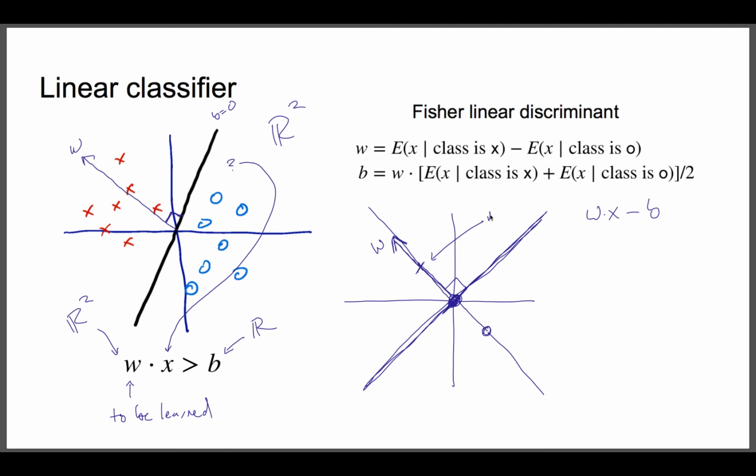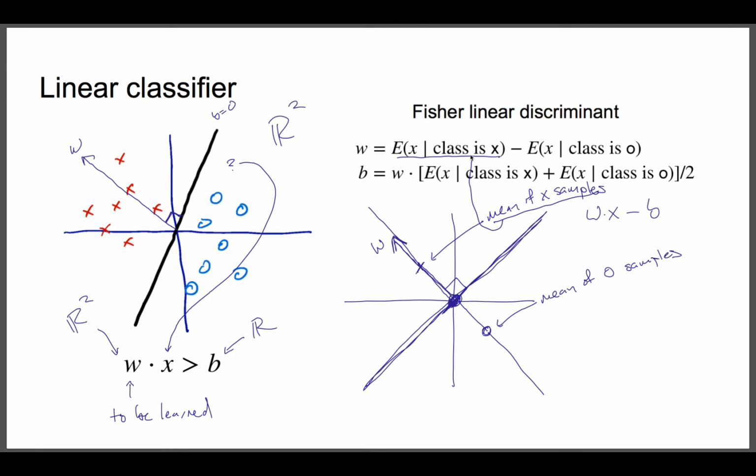So this is the mean of the cross samples, and this one here is the mean of the circle samples, right? And so this mean is the same thing as this. Those two things are the same thing.